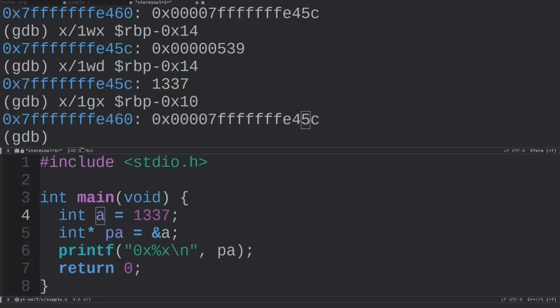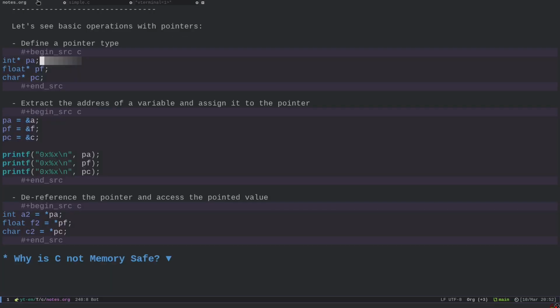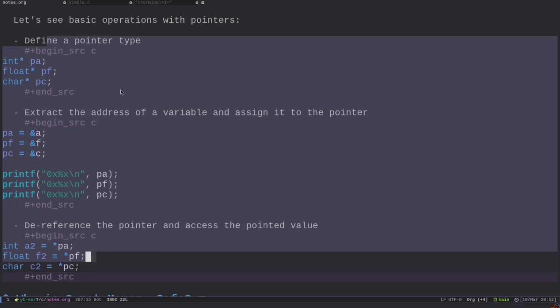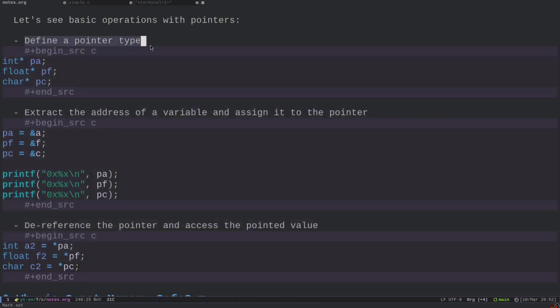Now, when we work with pointers, we have different operations that we can do with the pointer. For example, this operand is used to take the address out of a variable. But we have different operations as well. Basically, we have these following three main operations. First, we define the pointer type. And by the pointer type, we just mean a pointer of different types. We have a pointer to integer, we have a pointer to float, we have a pointer to character.